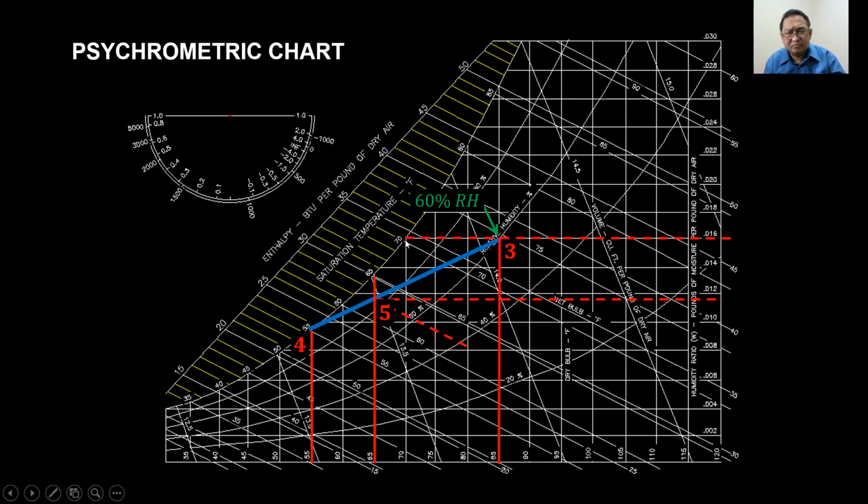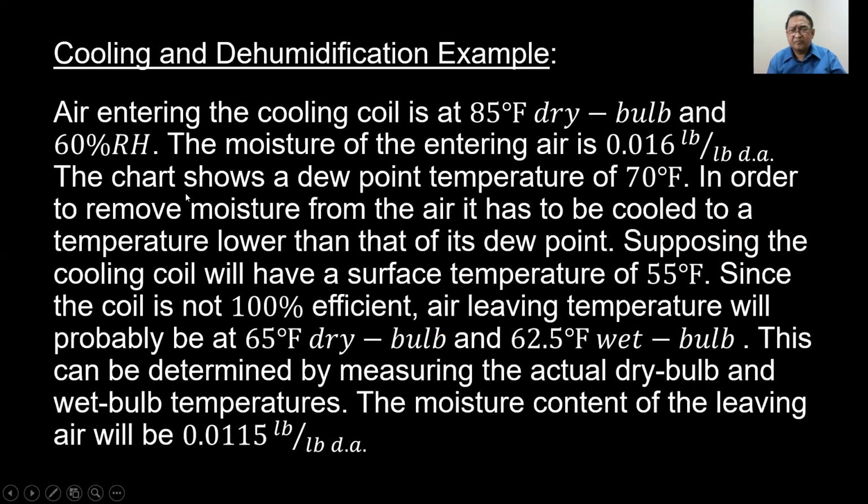If you don't have a temperature lower than 70, you cannot remove moisture from the air. So it has to be lower than this. So say, for example, you have 55 here. See, in order to remove moisture from the air, it has to be cooled to a temperature lower than that of its dew point.